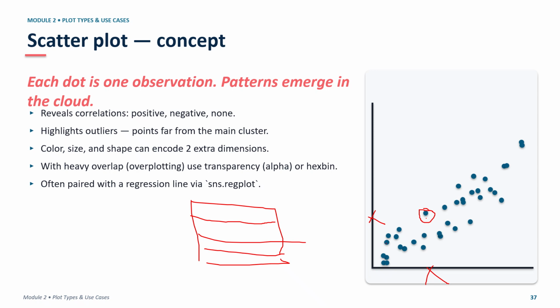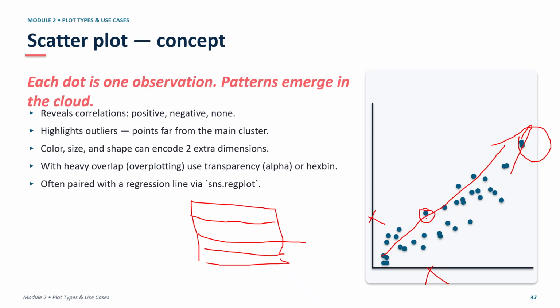There are different types of correlation patterns. First is the positive correlation. You call it a positive correlation when the dots form a cloud going from the bottom left to the top right. When you have a pattern like this, you call it positive correlation. So when x increases, y also increases.